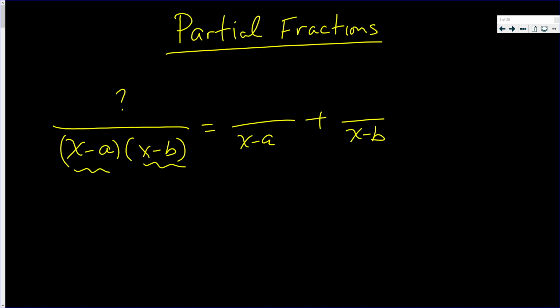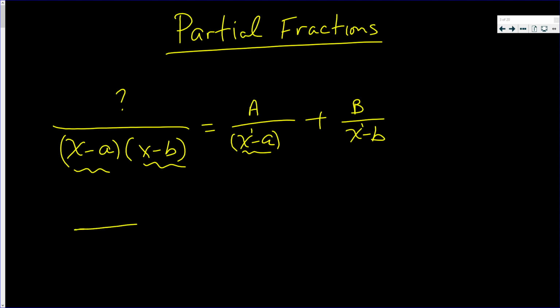Since this is linear, it's to the first degree, what goes above it is one degree lower than 1, which is 0, which is a constant, to be determined.